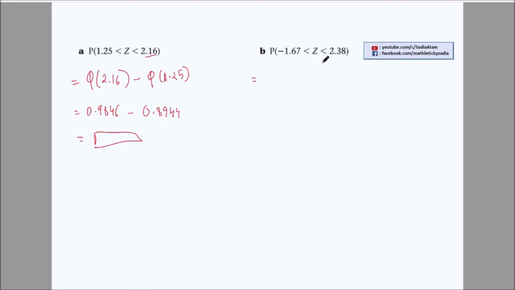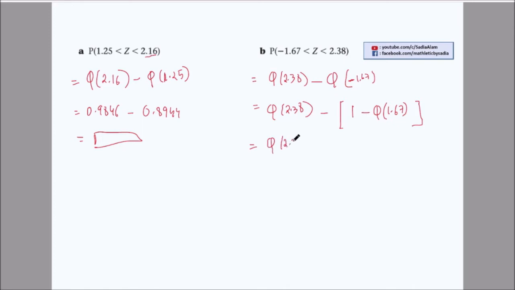For this one, it will be phi of this greater value at the right side minus phi of a value at the left side. Phi of 2.38 is something we can find from the table, but since we have a negative sign, we have to use 1 minus phi, because the table won't give you any negative value of z. So minus 1 minus minus will give us plus.